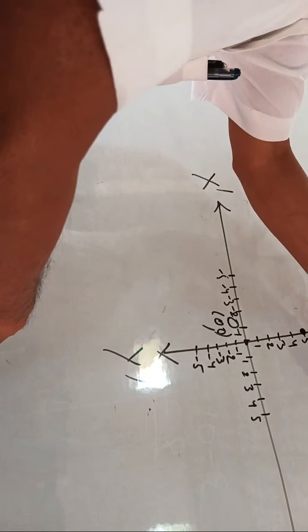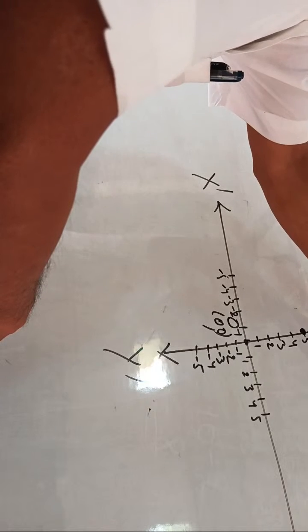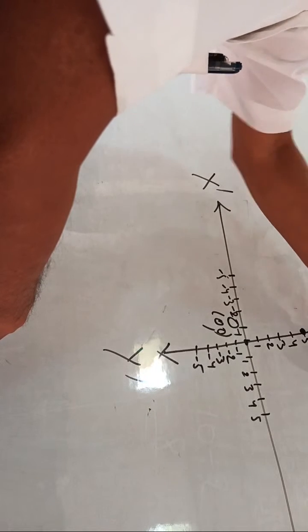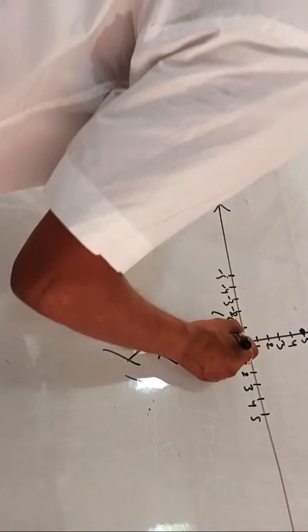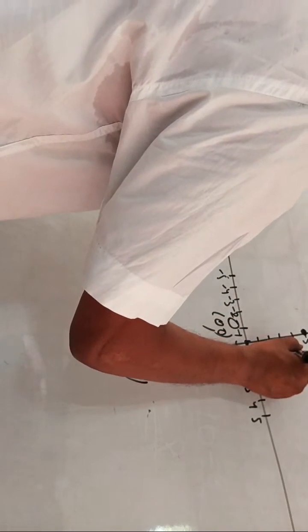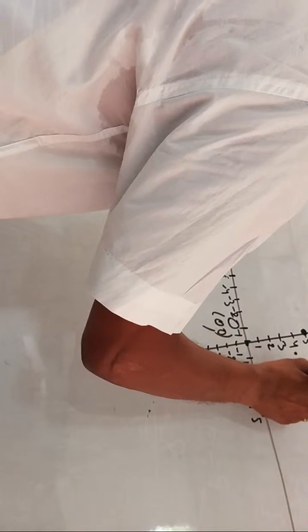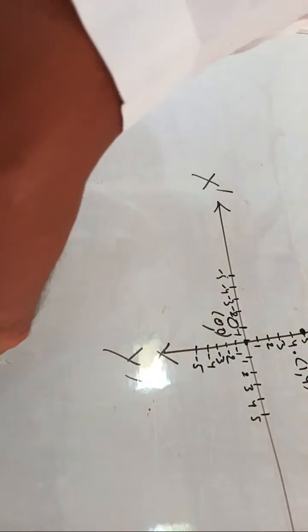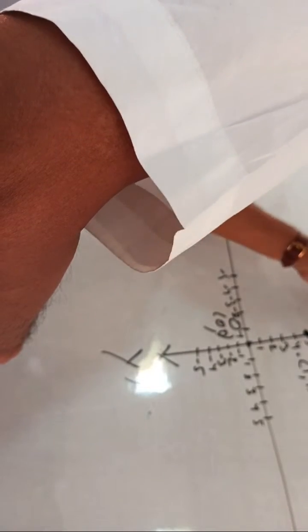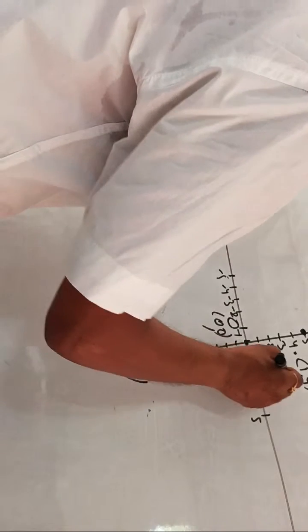The second point, the value of x is 1 here, and the value of y is 4 here. This is your second point. The third point, you find that when the value of x is 2, then the value of y is 3.